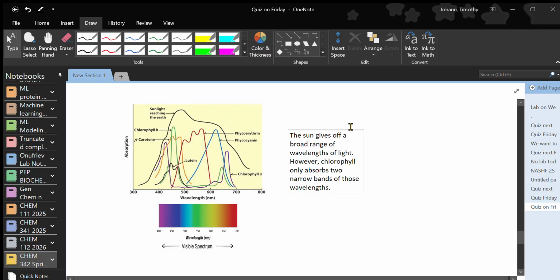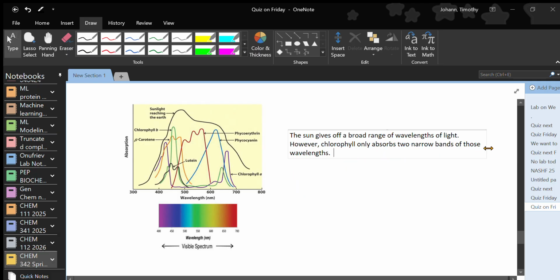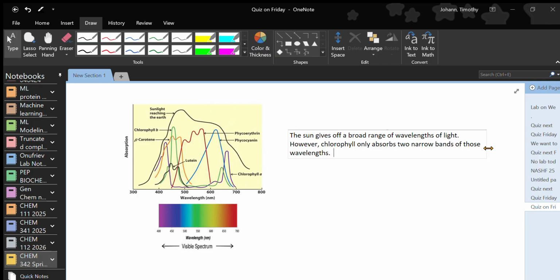So it's only going to absorb narrow bands of those wavelengths. And even though we're not using this part, you can imagine the molecule absorbs it, somehow gives up some energy, and we come down to here.